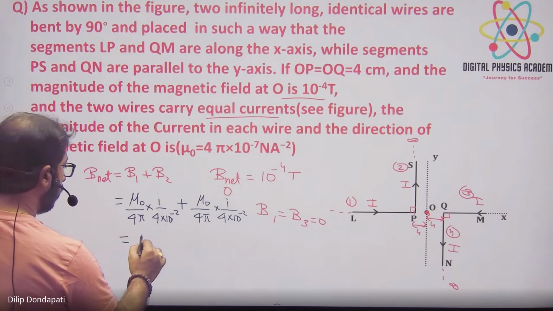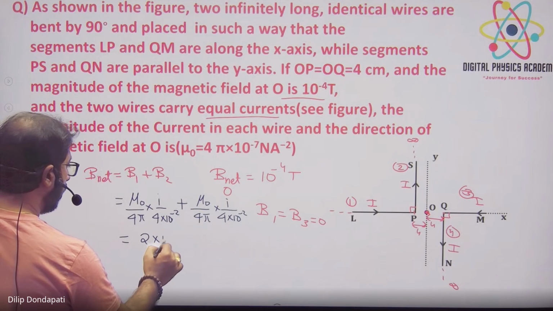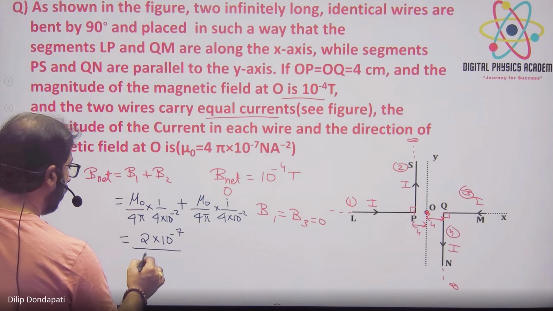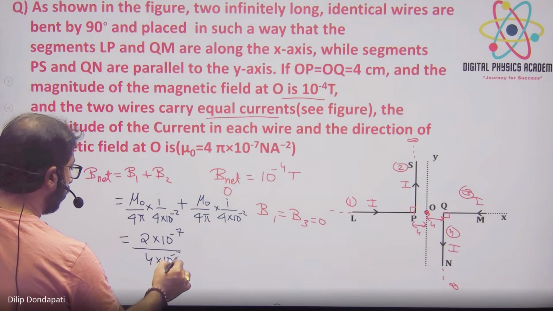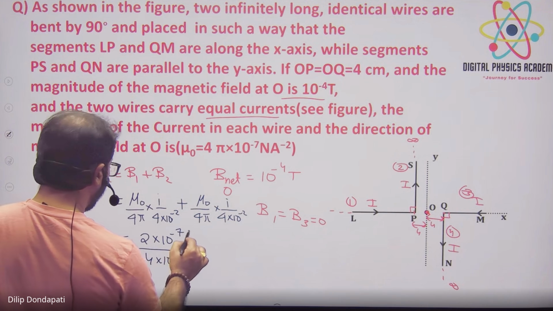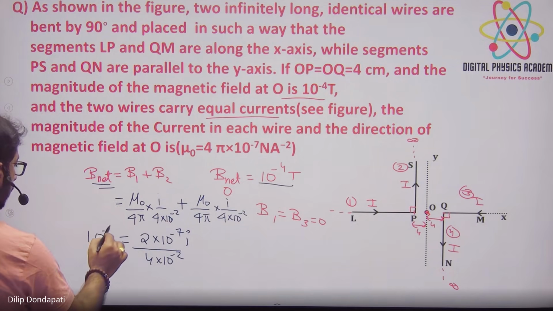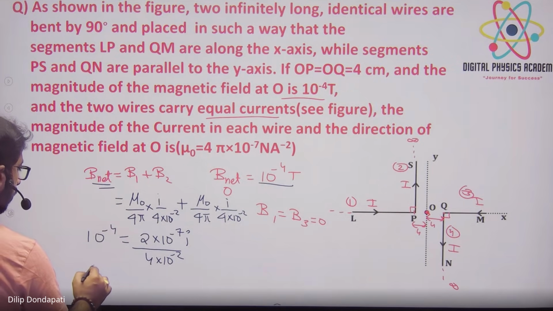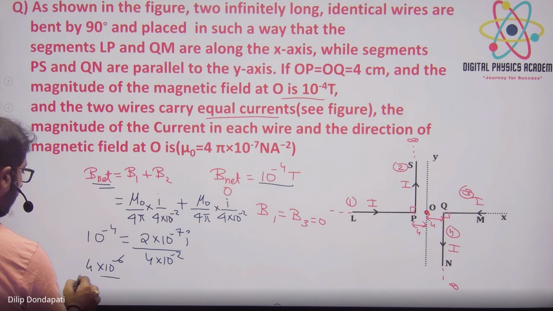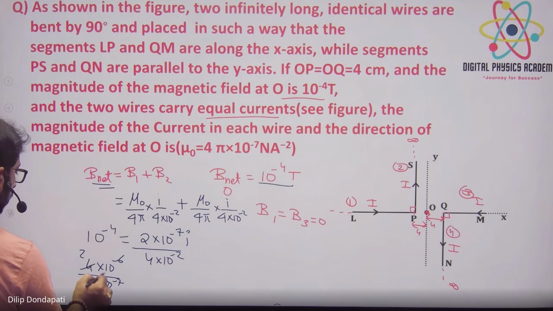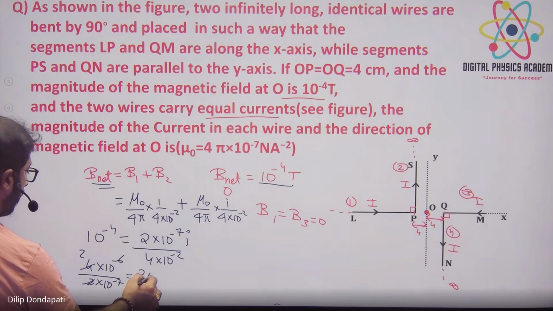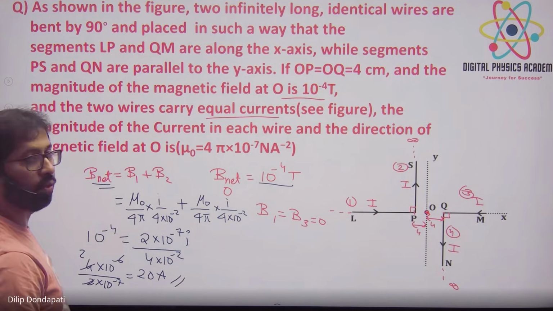So it becomes 2 into 10 to the power of minus 7 by 4 into 10 power of minus 2 into I. The net magnetic field is given as 10 power minus 4. So 4 into 10 power of minus 6 by 2 into 10 power of minus 7. The 2 goes to the 4, then 10, 2 into 10 is 20 ampere. So this much current is flowing in the wires.